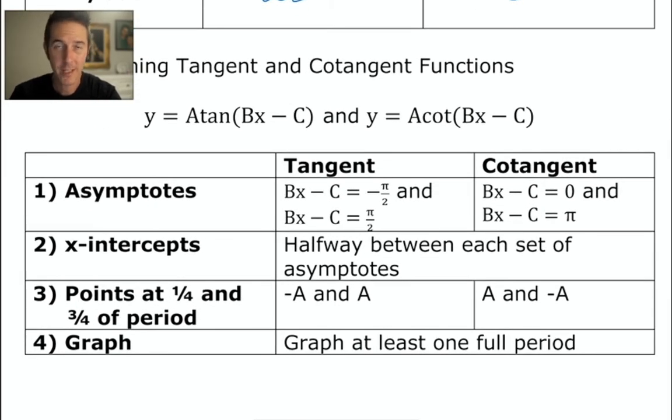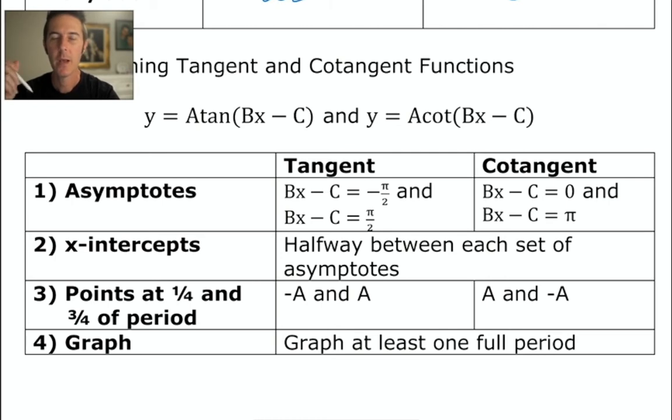And now we start shifting them around. We're going to start modifying them. And we did this in the conversation that we had about the sine and cosine graphs. Except there we used the word amplitude.